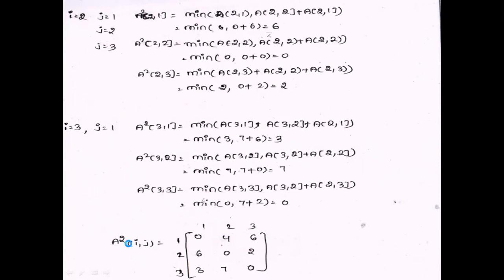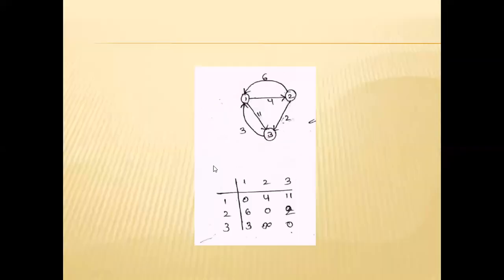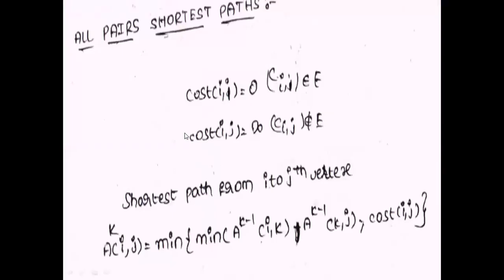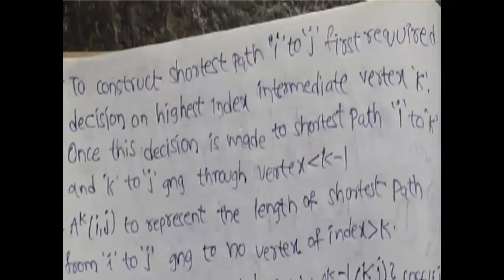To calculate A square, we are using A power 1. A power 1 represents finding the shortest path from i to j through intermediate vertex 1, and that is computed using A power 0. The main condition is to find the shortest path from i to j through intermediate vertex k.